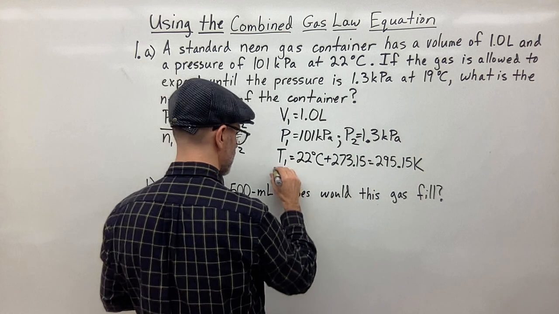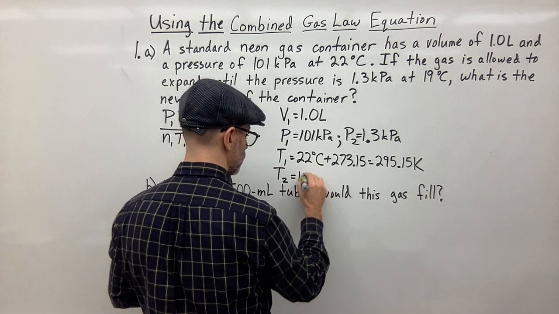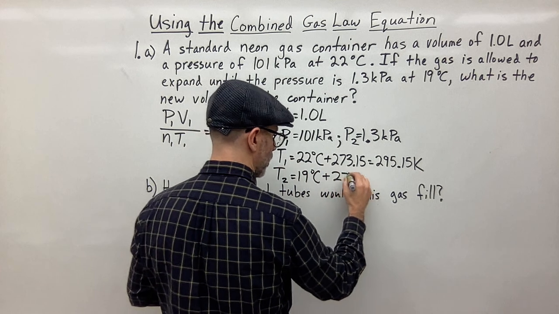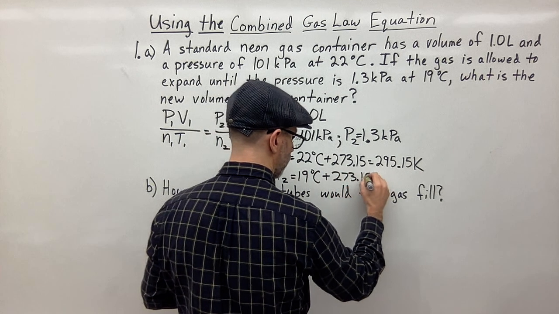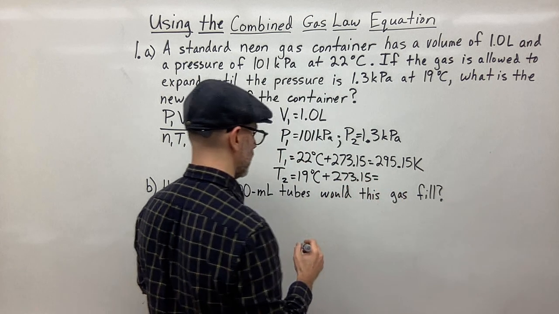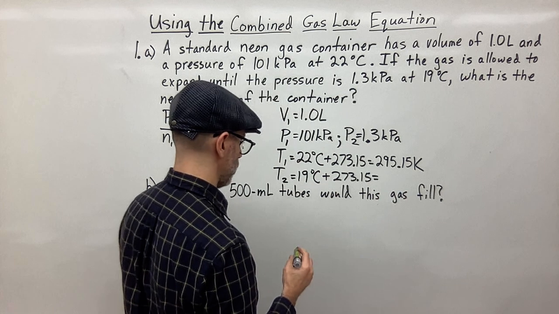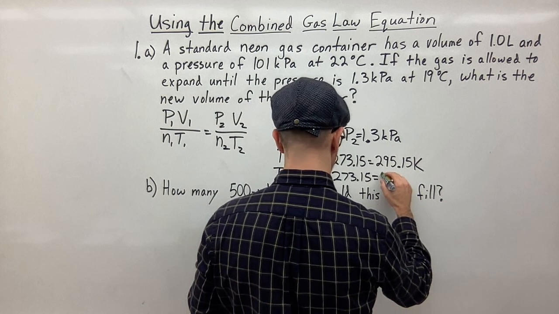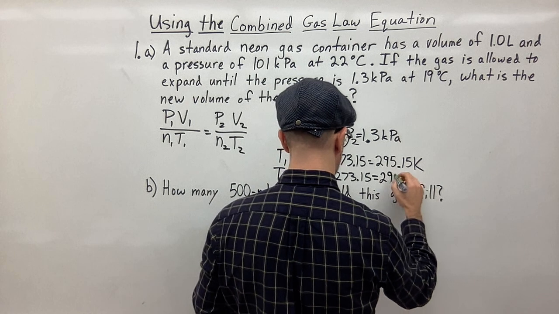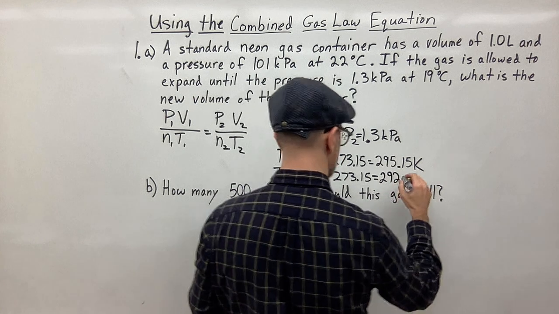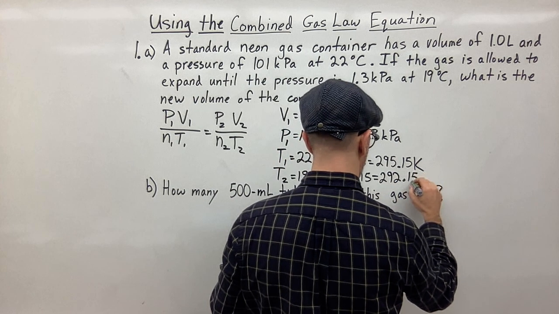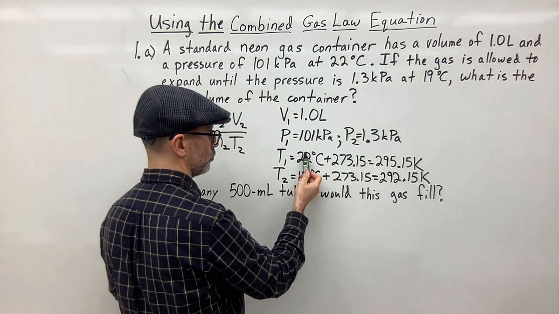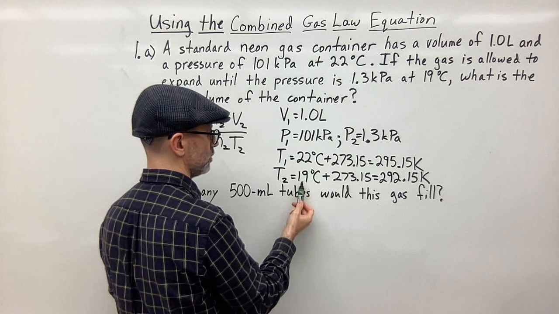So that's our T2. So T2 is at 19 degrees Celsius. We've got to add 273.15 to that, and that's going to give us 292.15 Kelvin. That makes sense because from 22 to 19, that's a decrease of 3.